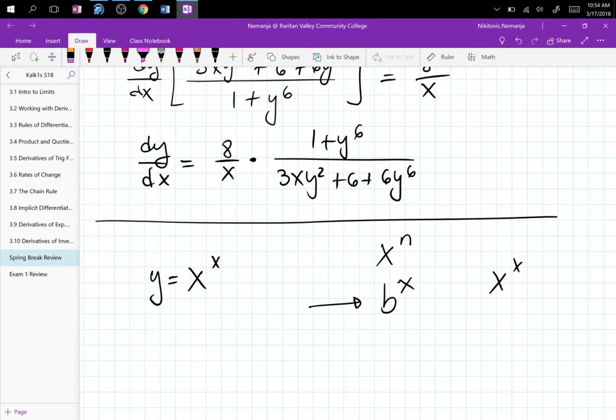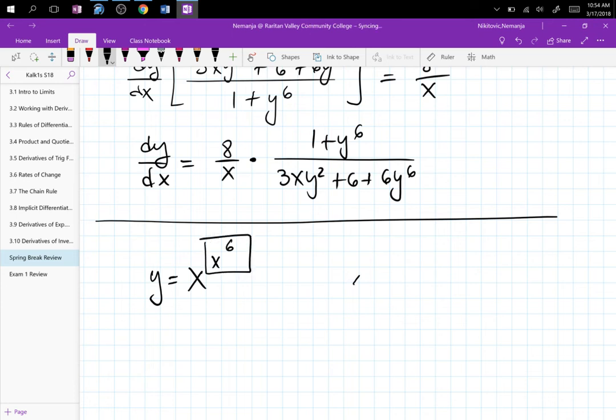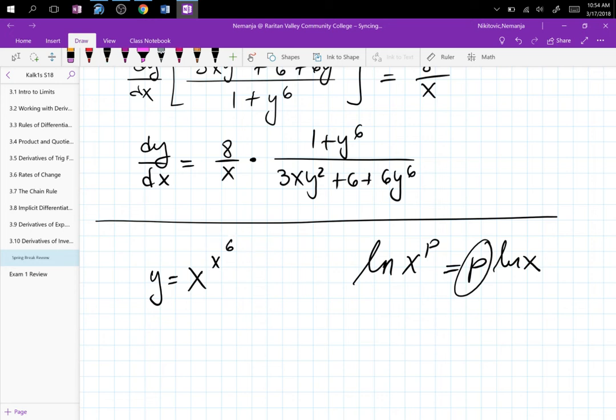Nasty combination. So there is no rule that you can memorize there. Now, the way to deal with this is to ln both sides, because then this exponent, using our beautiful formula from pre-calc, the exponent p, in this case p is the entire thing, jumps in front. And this crazy problem becomes a product rule, and we can deal with it.